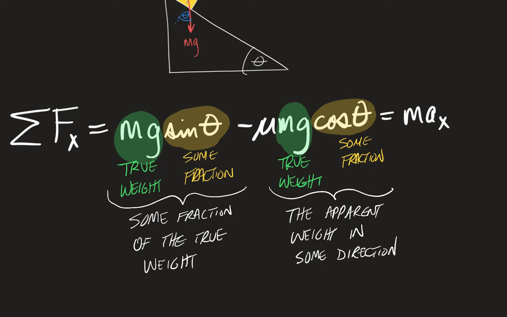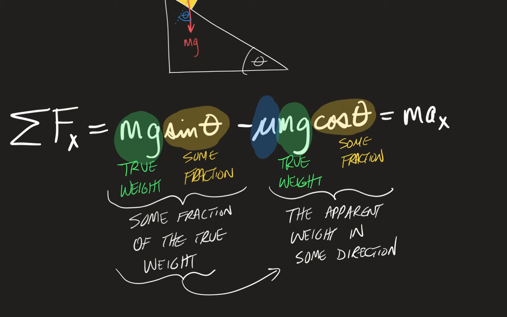Technically, this one would also be the apparent weight in some direction. It would just be in the other direction, be it parallel to or perpendicular to the direction of the ramp. So we put words to the math, and there's one more math thing to address, and it's this mu thing.